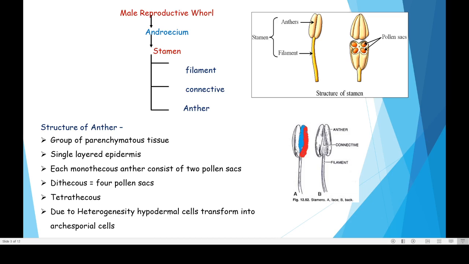Now here you can see that one anther lobe of the stamen is again divided into two parts, which I have shown with two different colors. One is the red part and the other is the blue part.